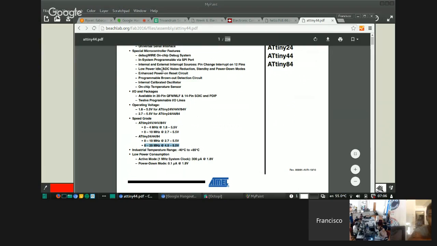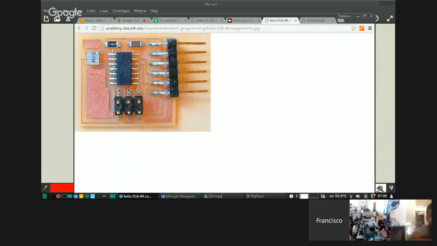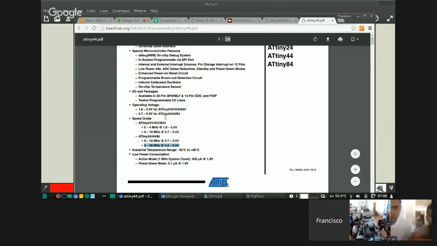Yeah, if you want to operate this resonator at 20 megahertz, like this one here, then by looking at the data sheet of the microcontroller, your power source cannot be a coin cell, a 3.3 volts coin cell. It cannot. You have to select a power source that has between 4.5 and 5.5 volts. That means you can hook up four 1.5 volt batteries? That would be more than that, 6 volts.